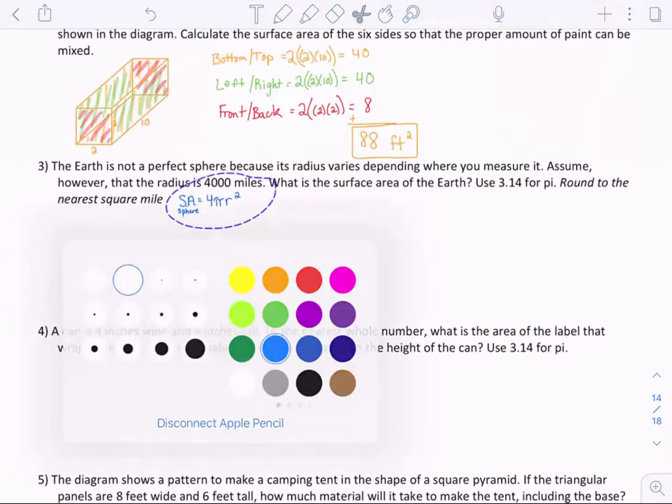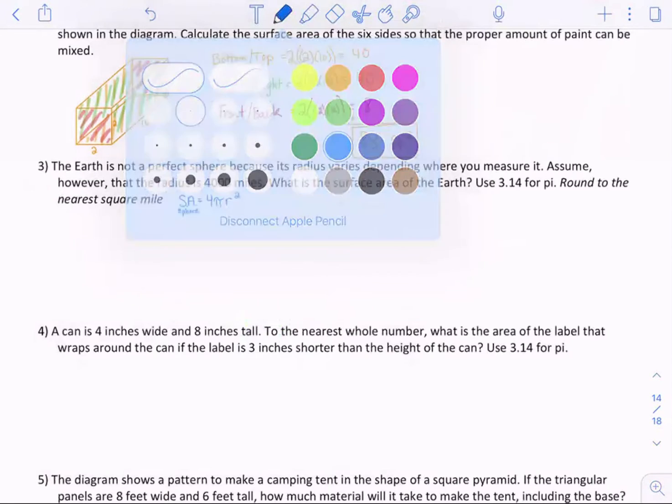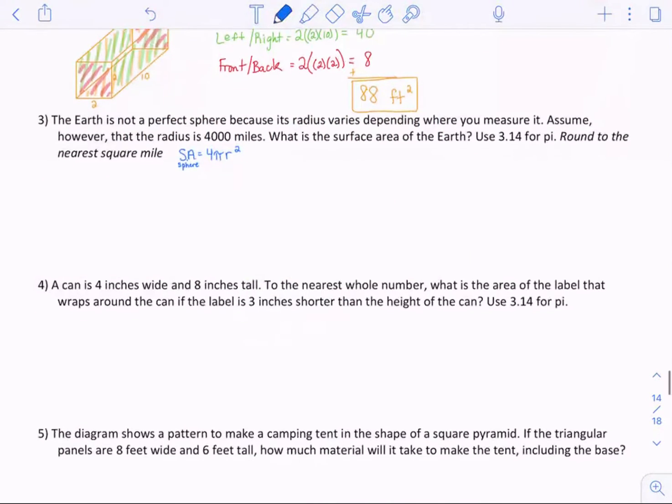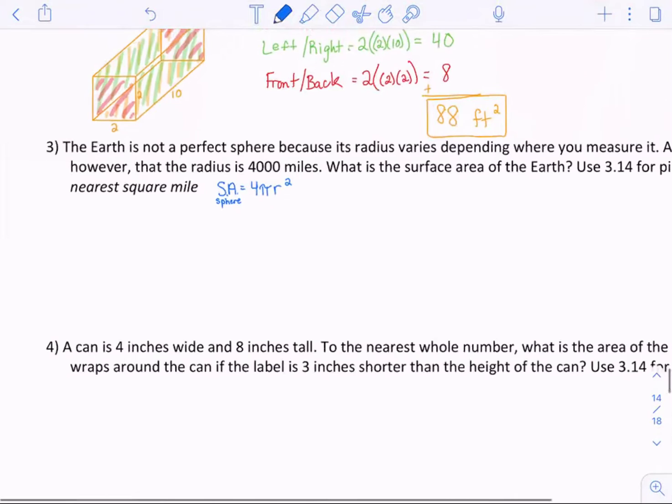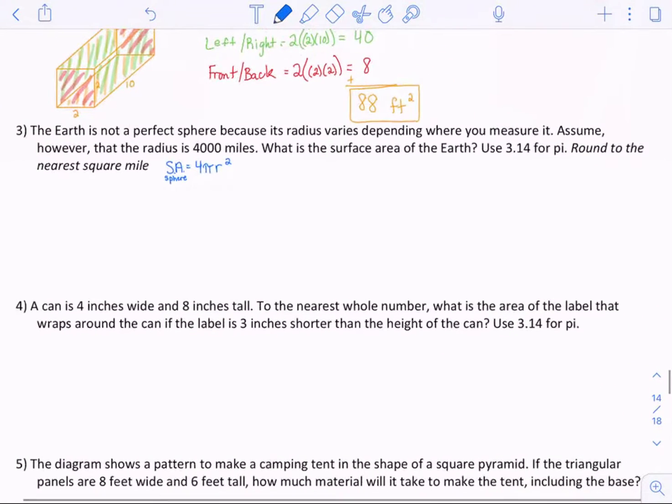For sure. So number 3, we are actually going to give you a new formula because we did not yet discuss the surface area of a sphere. So think if you had to cover a ball or a globe. And in this case, they are talking about the Earth. The Earth is not a perfect sphere because its radius varies depending where you measure it.